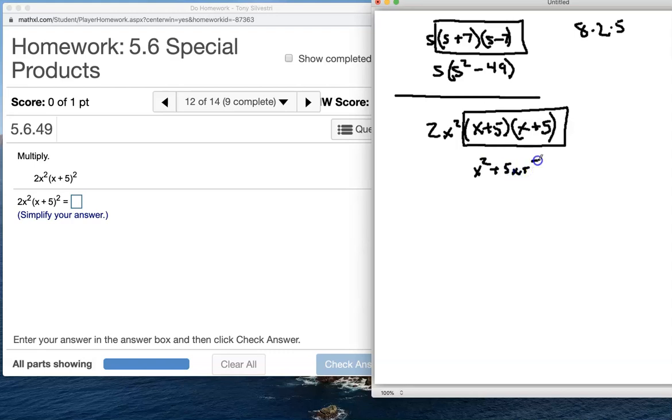Inner is 5x. Last is 25. And so I'm going to combine my like terms to get x squared plus 10x plus 25. And that's what that square box represents. But let's not forget to bring down the original 2x squared. That's also part of the problem.